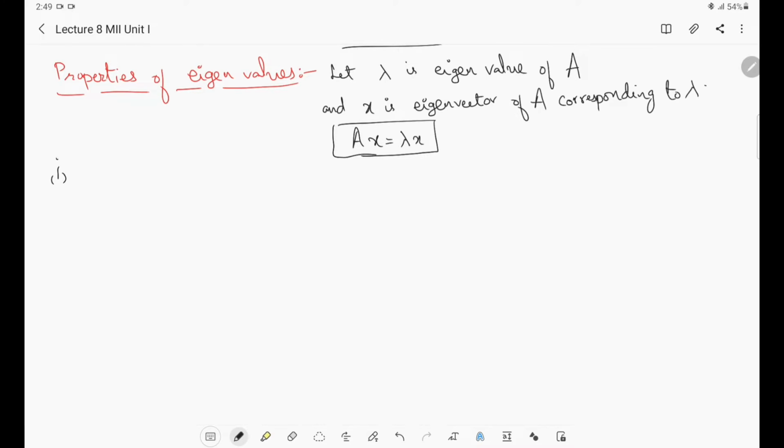The first property says that k lambda is the eigenvalue of kA. Now we will prove this.